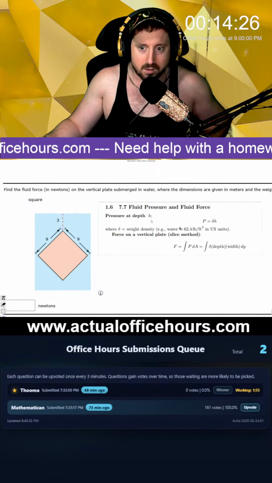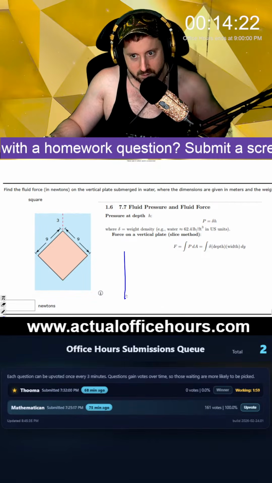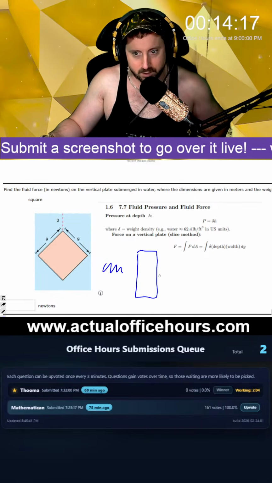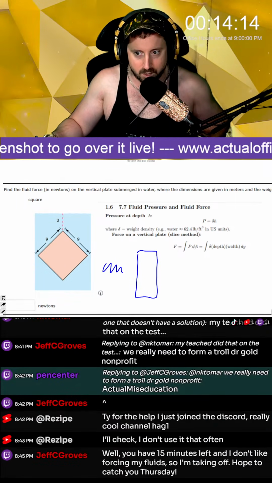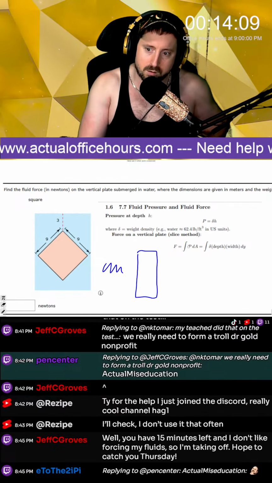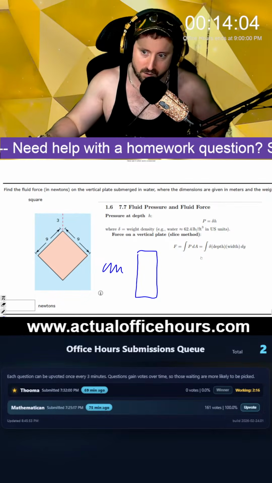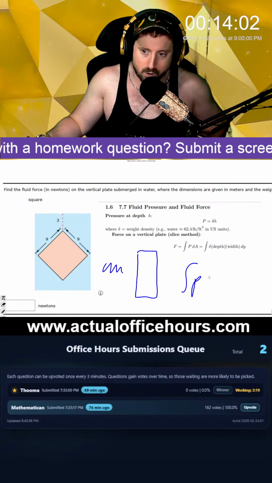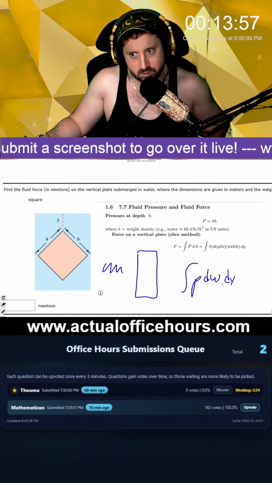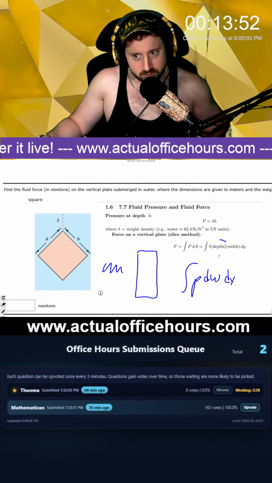So here it says, for a vertical plate, if you have a single plate, and there's fluid here but not fluid here, the force is equal to the integral of pressure times dA, which is density. So that's equal to rho times the depth times dw dy as you go down. Wait, isn't the depth equal to y?